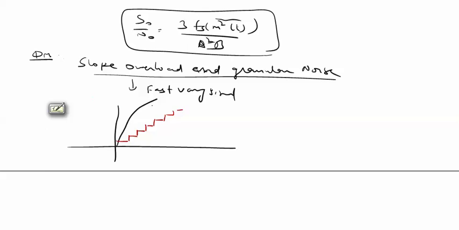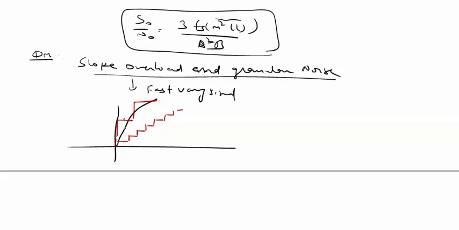We are not following the original message signal. To follow it, we have to increase the step size. Increasing the step size is the only solution to overcome slope overload error.